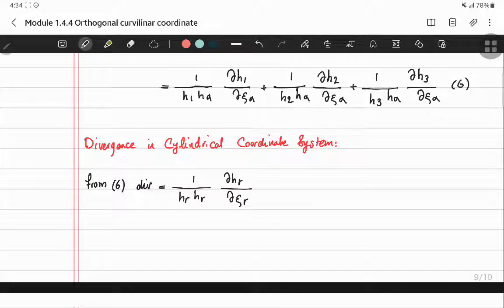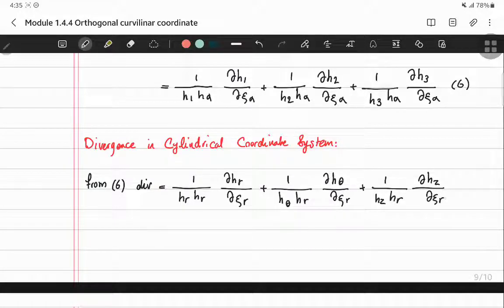I'm writing this based on the cylindrical coordinate system, plus 1 over H theta, HR again since alpha is 1, and we have H theta with respect to Z alpha, let's say R again, plus 1 over HZ, HR, HZ with respect to ZR.